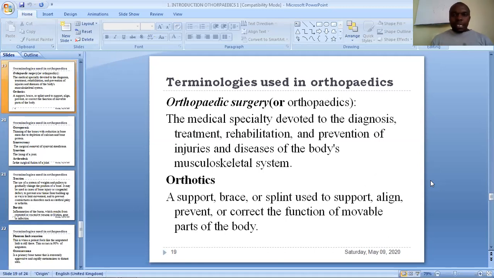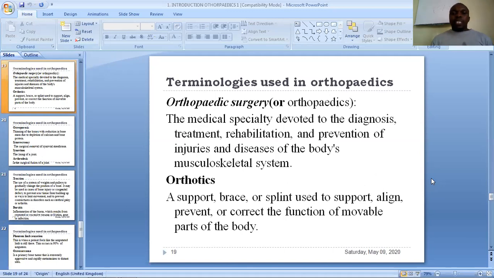What is orthopedic surgery or orthopedics? This is a medical specialty devoted to the diagnosis, treatment, rehabilitation, and prevention of injuries and diseases of the body's musculoskeletal system.